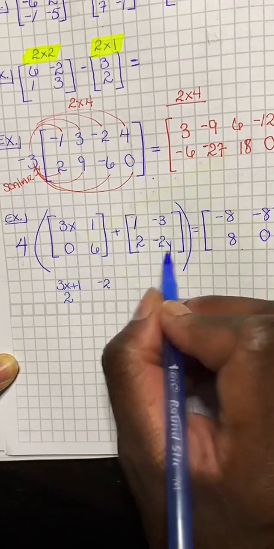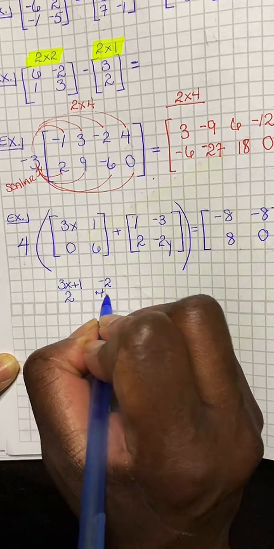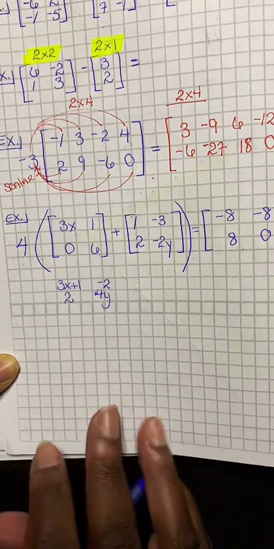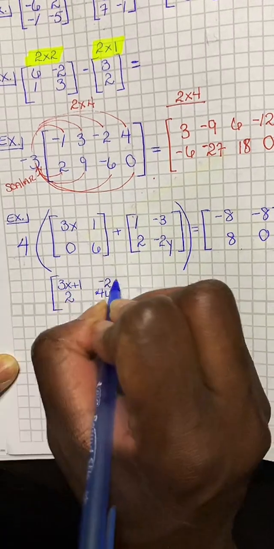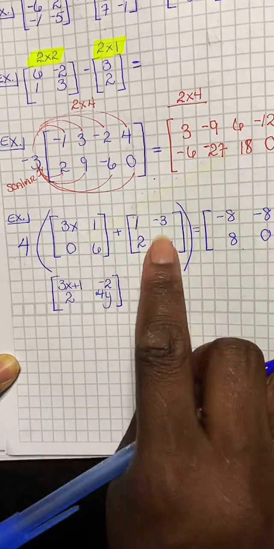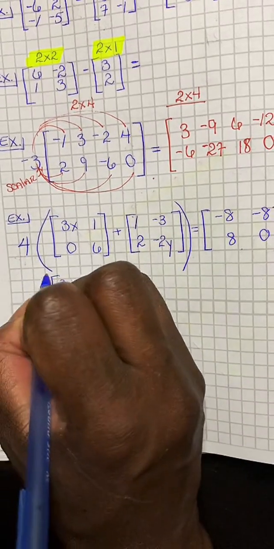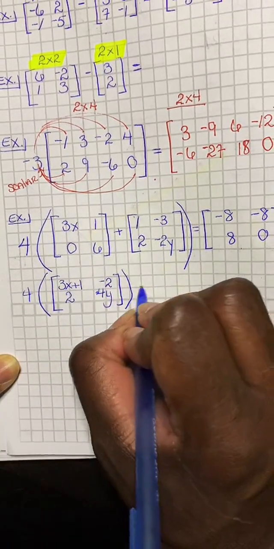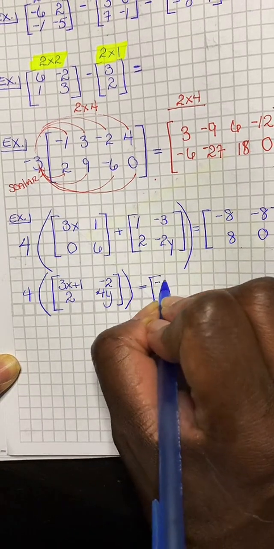And 6 minus 2y will give me a 4y. Okay, so that's my matrix. And they were able to combine because I have a 2 by 2 plus a 2 by 2, and the answer was a 2 by 2. What do you think would be the next thing you would do?